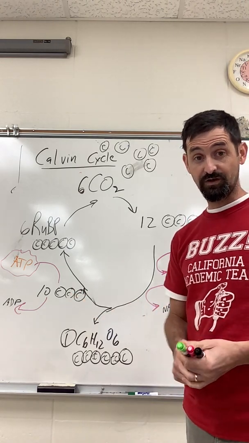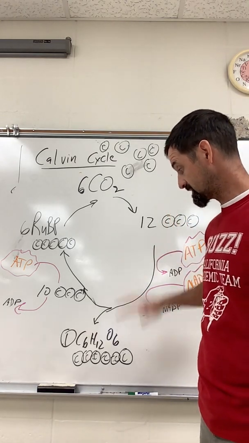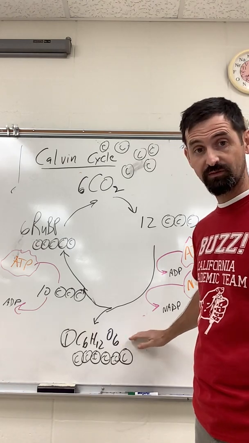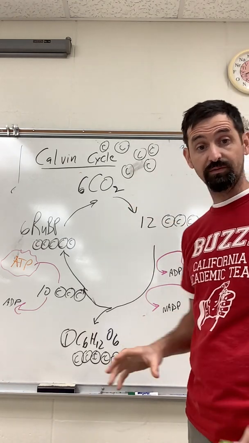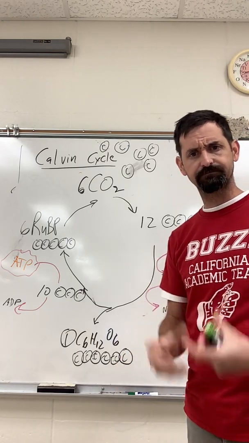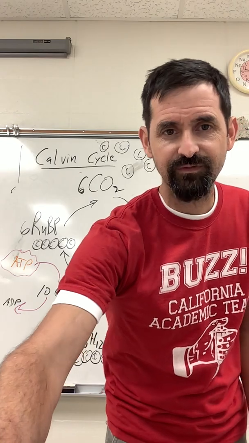Okay, so this is what we make ultimately: one big 6-carbon molecule of glucose from these 6 individual carbons from carbon dioxide. All right, that is the Calvin cycle, and that finishes up photosynthesis.